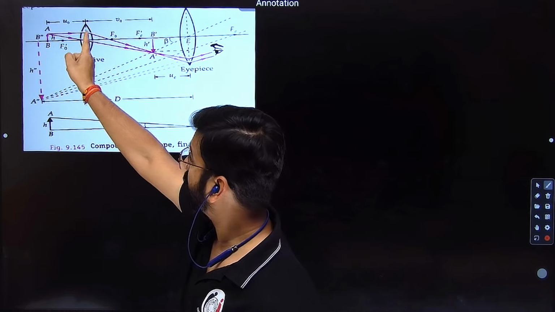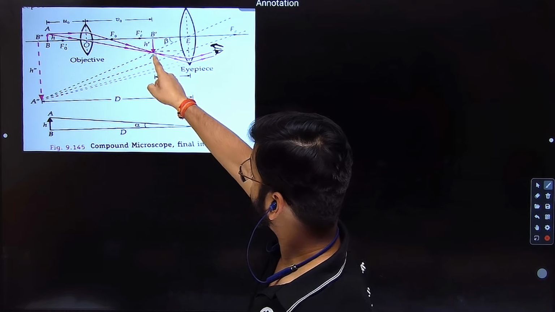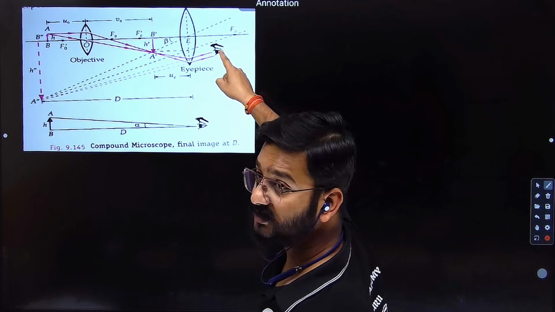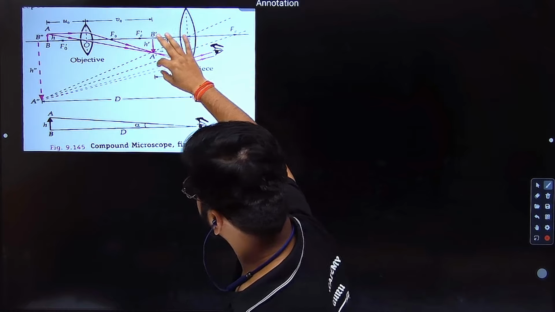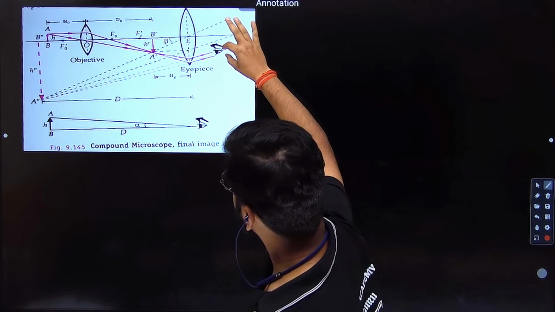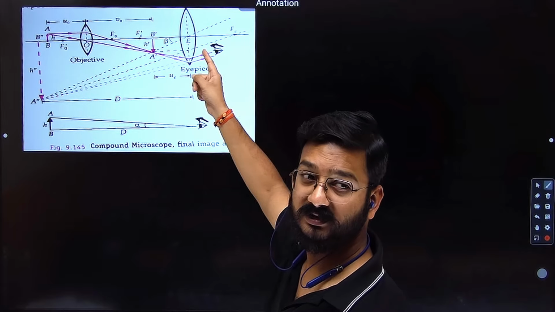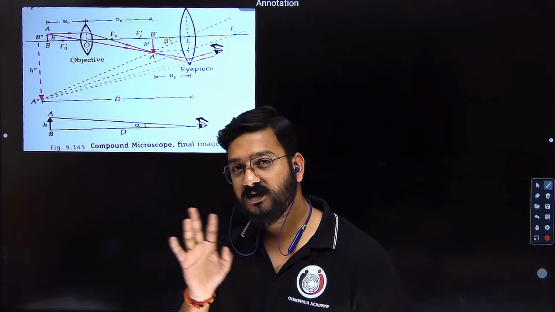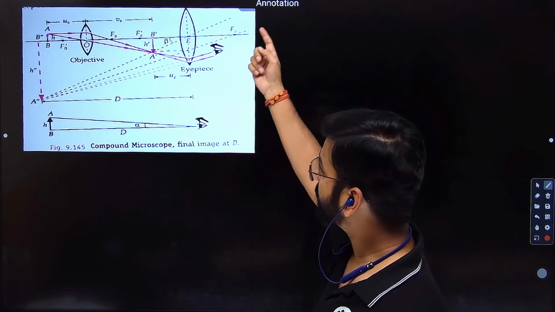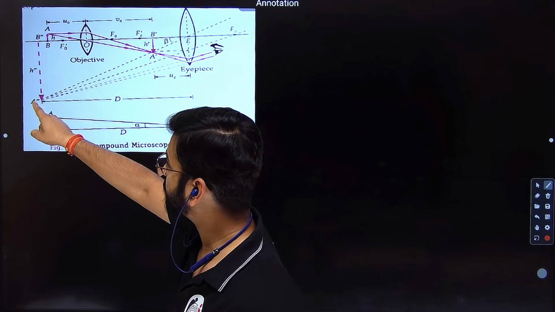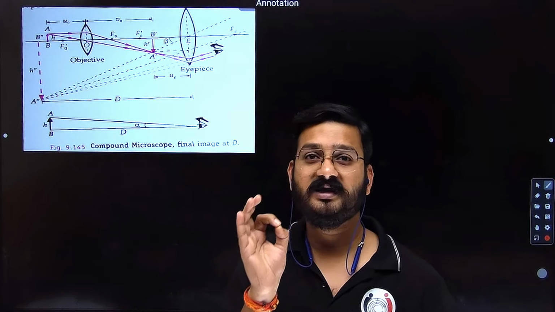Two rays coming from the object form an image here. Then two rays coming from this reach the eye. When you extend these two rays in the backward direction, because in the forward direction they are not going to meet, they meet at this point. So A double dash B double dash is your final image.